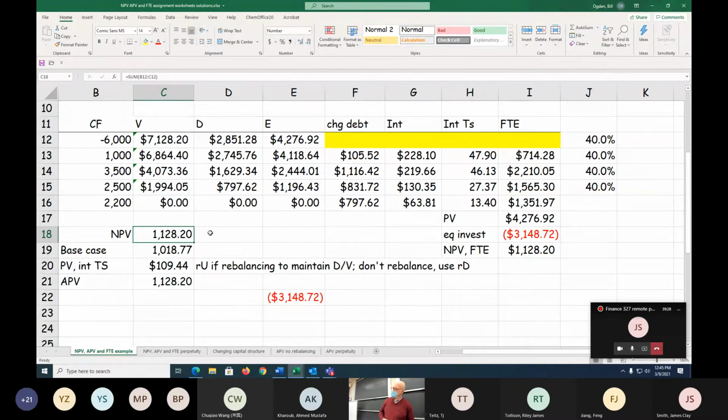Do you distribute it among the shareholders, the creditors, the suppliers? Do you distribute that among all these other people? No. Look what we just did here. The entirety of this NPV goes to the shareholders, doesn't it? That's why the company always seeks to find positive NPV investments, because that positive NPV goes directly to the shareholder.